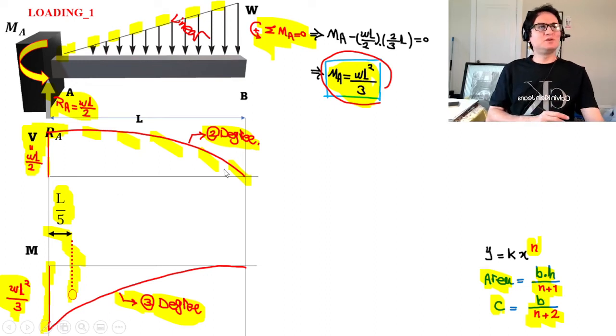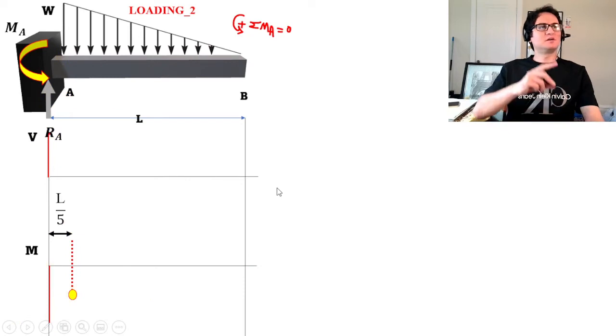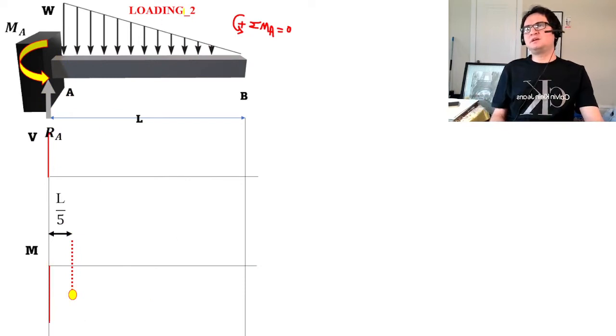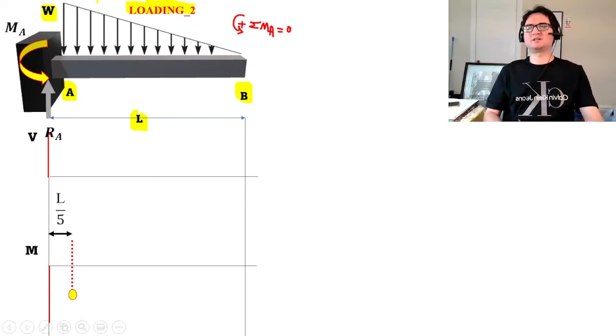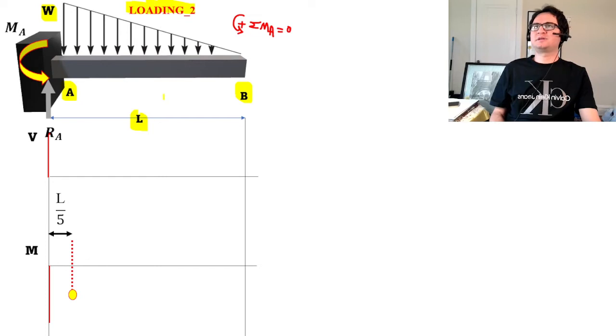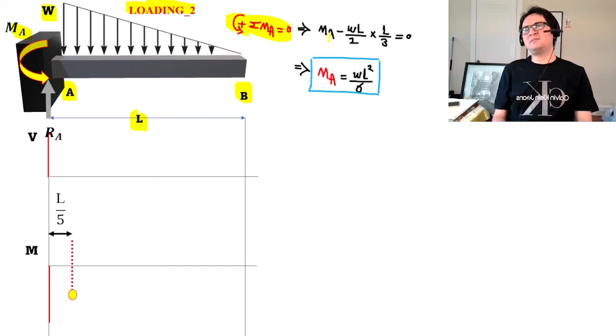Let's flip-flop the load to see the effect of that on the shear and moment diagram. Again, if this is loading 2, the same cantilever beam AB with the length of L with the triangular load of W, but the bigger chunk, as I told you, is at the beginning, closer to the support A. So again, considering the moment at A, summation of moment about A goes to 0, that says MA positive, MA minus WL over 2, which is the load times the location of the concentrated load.